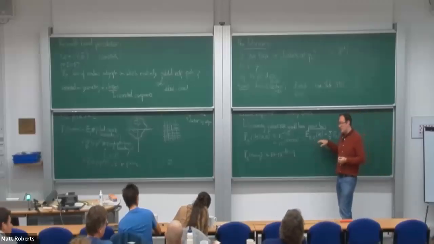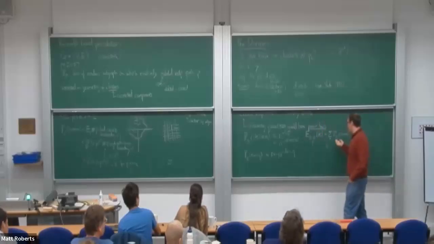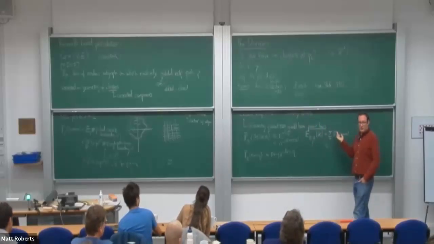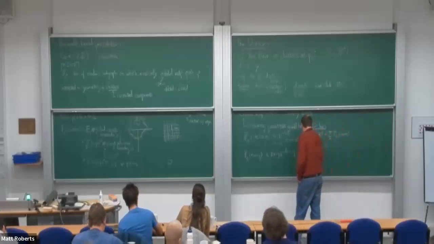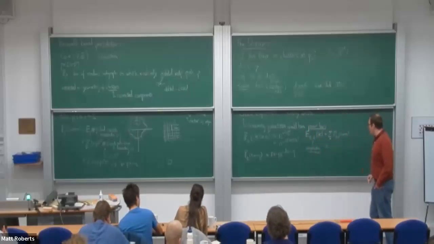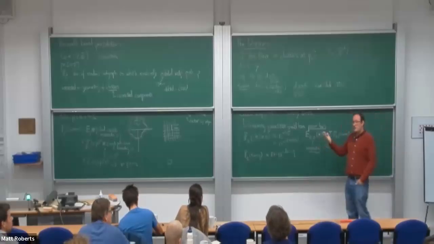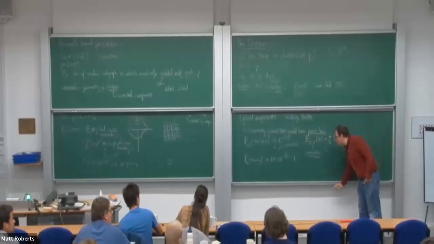This quantity is called the susceptibility, just the expected size of the cluster at the origin. In general, if you're working with a different statistical mechanics model, the susceptibility usually means the sum of the two-point function, whatever that two-point function is. The sharpness of the phase transition tells you that this is finite if and only if p is less than p_c.